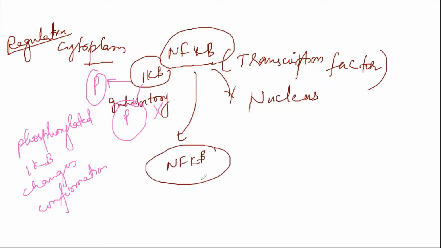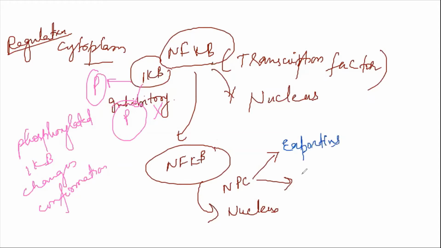Now this will be taken inside the nucleus through the NPC. In the NPC itself, you have two types of proteins. Please remember, those are called exportins and importins. If I'm taking NF kappa B from the cytoplasm to the nucleoplasm, what kind of proteins should it be? Like India buys something from a different country, what is it called, export or import?